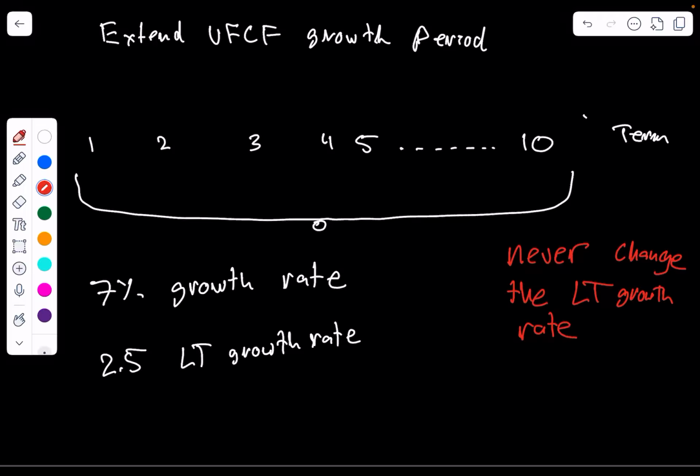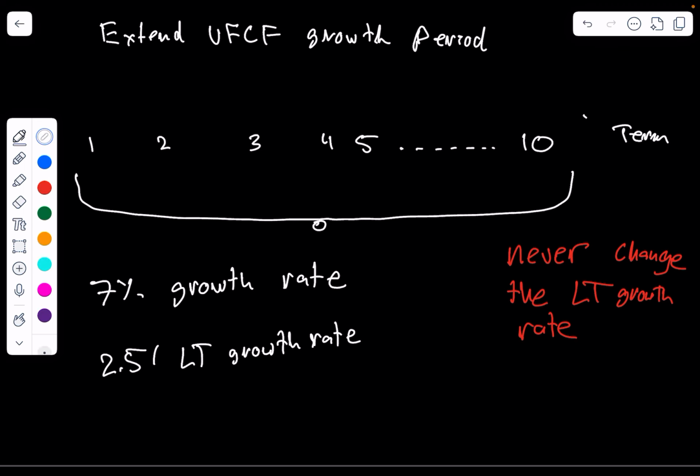And the reason for that is if you think that it's going to grow significantly for a period of time, right, maybe a longer period than 5 years, then you should just adjust that directly. It doesn't make sense for you to adjust the value of that company from year 5 until infinity, because that wouldn't actually be correct. That's not good analysis, right? What is good analysis is if you simply extend the period of time that these cash flows are going to grow for, right? So that's kind of the main rule here, right?